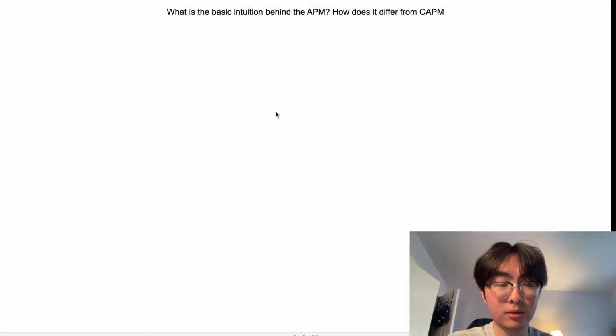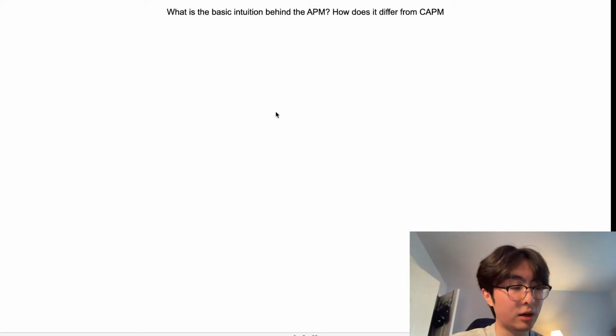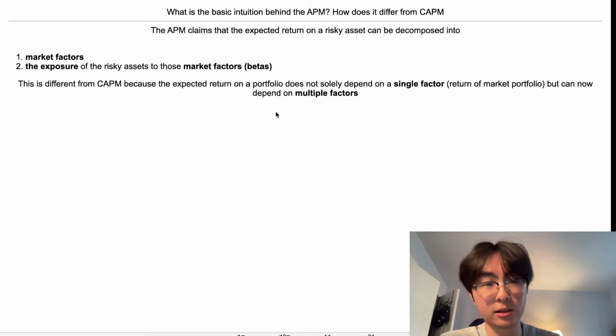So with the arbitrage pricing model, you're not relying on a single factor, the exposure to the market, but on whatever factors you find in the data, whatever you want to define, and your assets' returns all have different exposures to those factors.